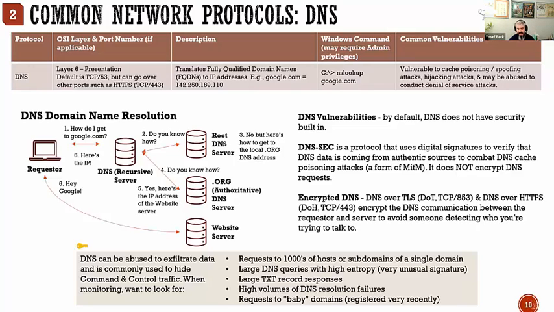That might be an indication that those subdomains are actually encoded pieces of information being sent out, or that there may be other information encoded or encrypted within the request that's getting exfiltrated out. Also, seeing large DNS queries with high entropy, meaning it has a very unusual signature.